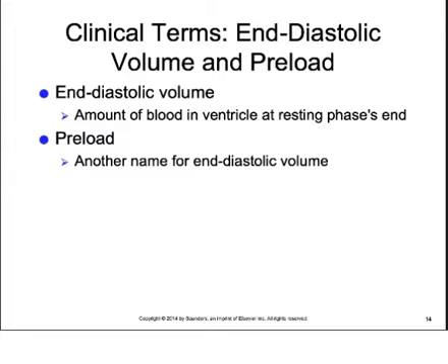Then what will happen at the end of diastole is that the ventricles will begin to squeeze. And when they squeeze, we're going to undergo a period during which the volume in the ventricles doesn't change, because both the atrioventricular and the semilunar valves are closed, but the pressure goes up dramatically.